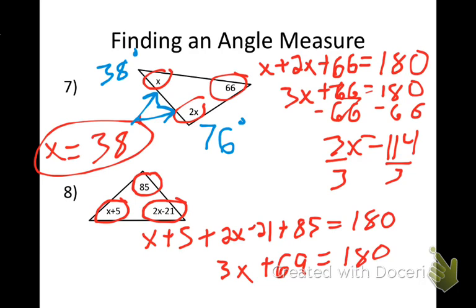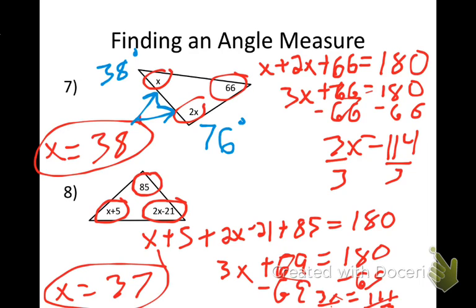Solve for x. What would I want to do next, Peyton? Subtract 69. I get 3x equals 111. Divide by 3. And I'm going to get x to come out and be what, Austin? 37. And then to find my missing angles, what do I have to do with all that, Gabe? Plug them in for x. Nice job, Johnny.